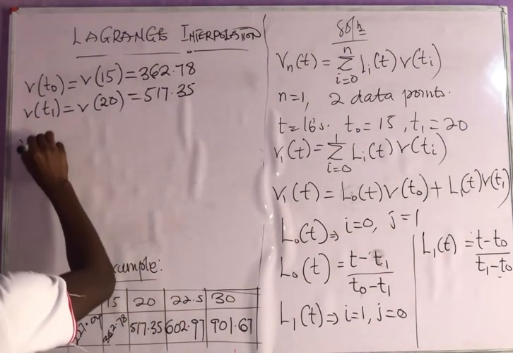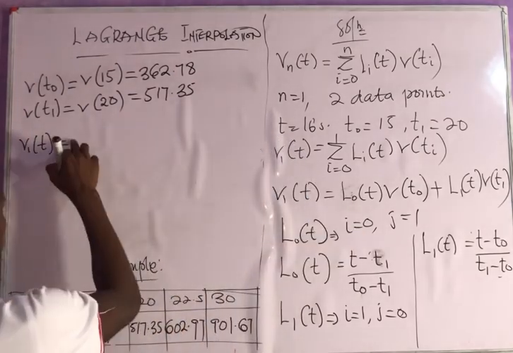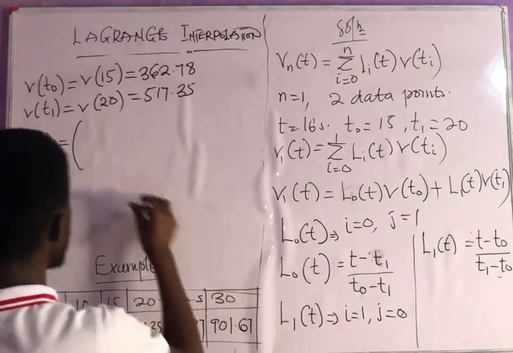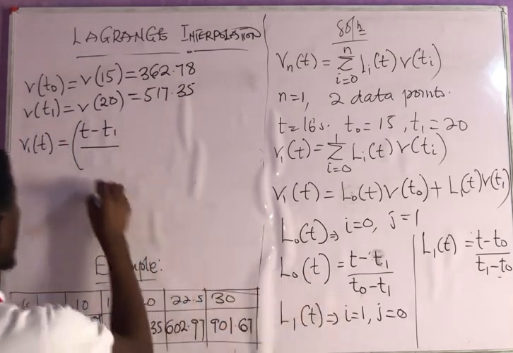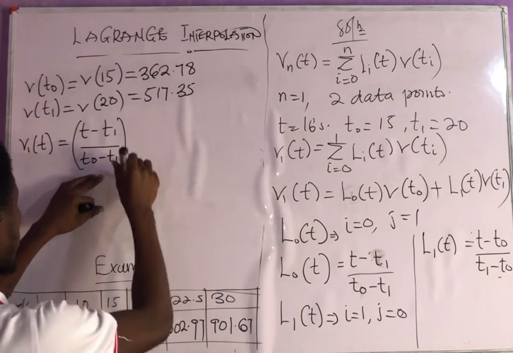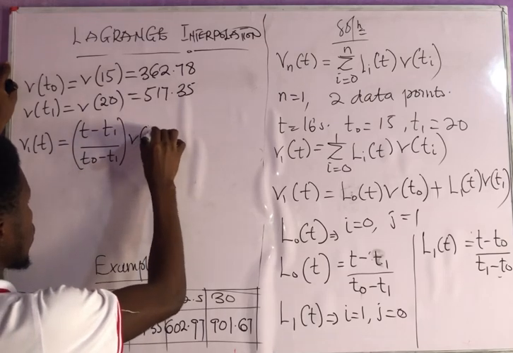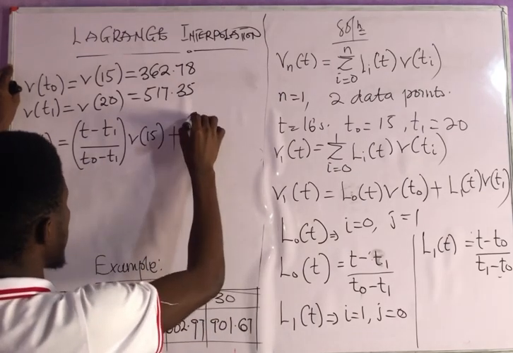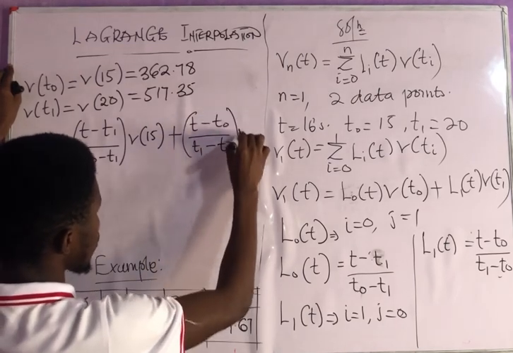V1 of t equals my L0 of t, which is t minus t1 over t0 minus t1, multiplying V of t0, which is V of 15, plus my L1, which is t minus t0 over t1 minus t0, also multiplying V of 20.